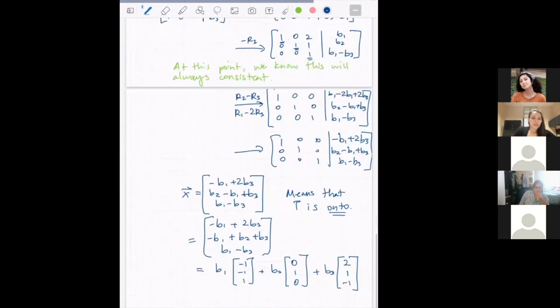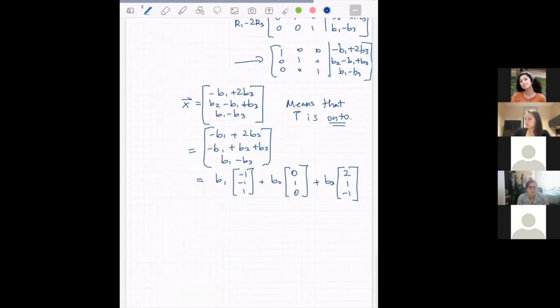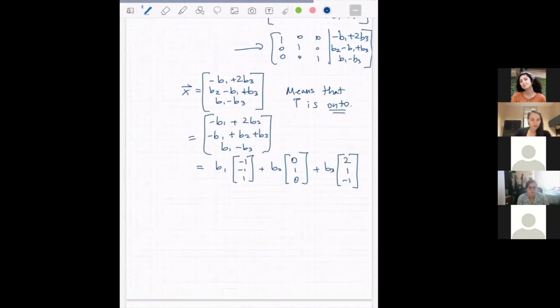Okay, so great. I think I do want to write this out. So just to be clear, what can happen if a row does not have a pivot, we could get an inconsistent system.